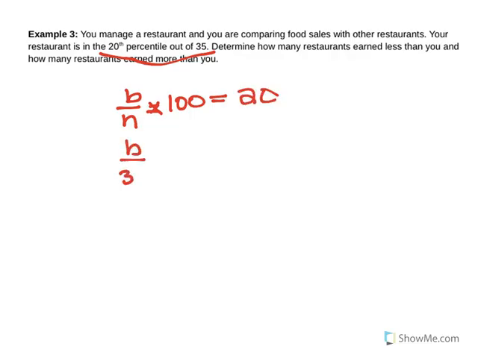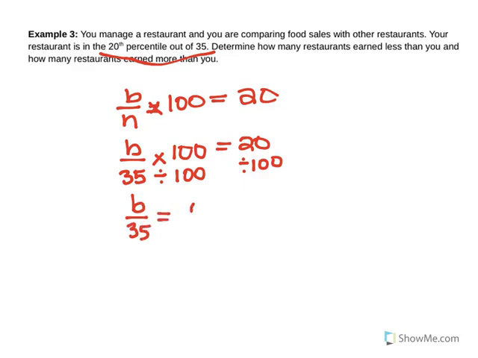And we know there are 35 restaurants, so we have B over 35 times 100 equals 20. Now we're going to start by dividing by 100. So we have B over 35 equals 0.2. Then we're going to times by 35, and we find out that B equals 7.